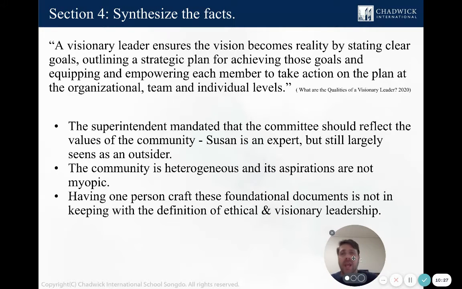So again, the community is heterogeneous and its aspirations are not necessarily myopic, and so it would be very difficult to look at this process and state that it is in keeping with what you would consider a visionary leader or an ethical leader. And again, having one person craft these foundational documents is not in keeping with the definition of those things, and also may cause the philosophy and vision of the school to be not in keeping with the aspirations of the community at large.